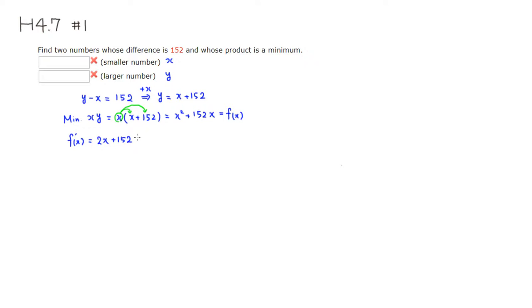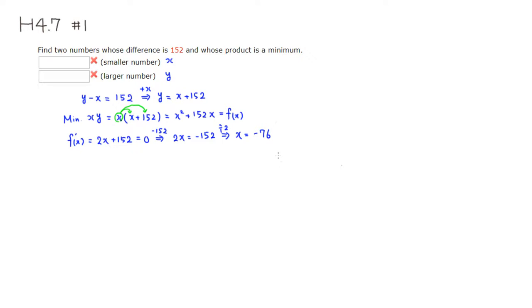We set this equal to 0 and subtract 152 from both sides. You have 2x equal to negative 152, and then we divide through by 2. So x is equal to negative 76.